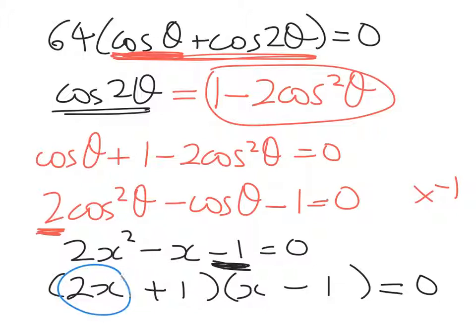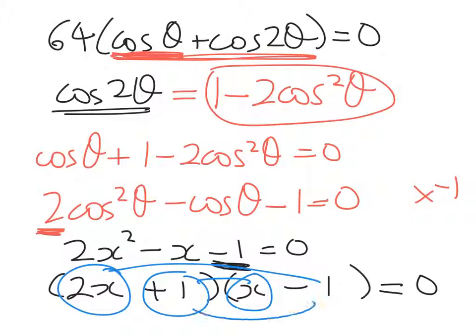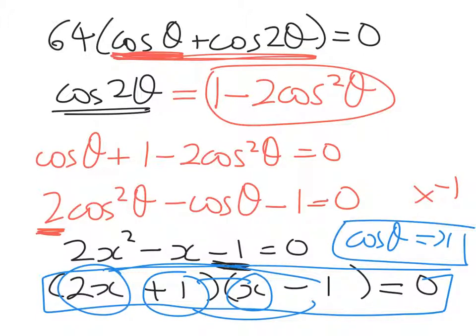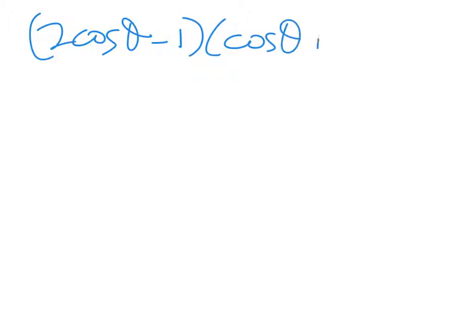Check it back, make sure it works. 2x squared plus x minus 2x minus 1. So on the next slide, we need to pop back in cos of theta equals x and proceed to solve it. So we've got 2 cos theta minus 1 times cos theta plus 1 equals 0.